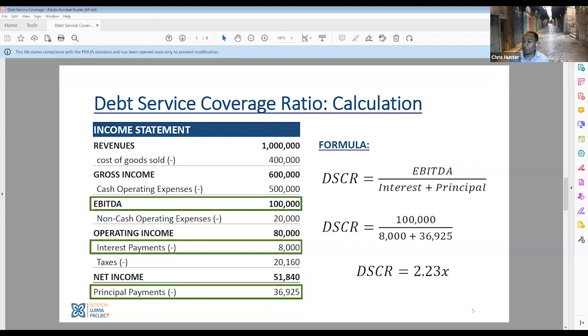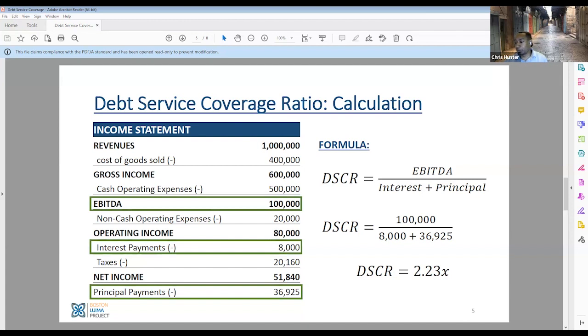And so in that first year of payments of principal and interest, that is $8,000 in interest payments and $36,925 in principal payments. And so that total of $44,925, if I take 100,000, the EBITDA, and divide it by that 44,925, I get that the debt service coverage ratio was 2.23.